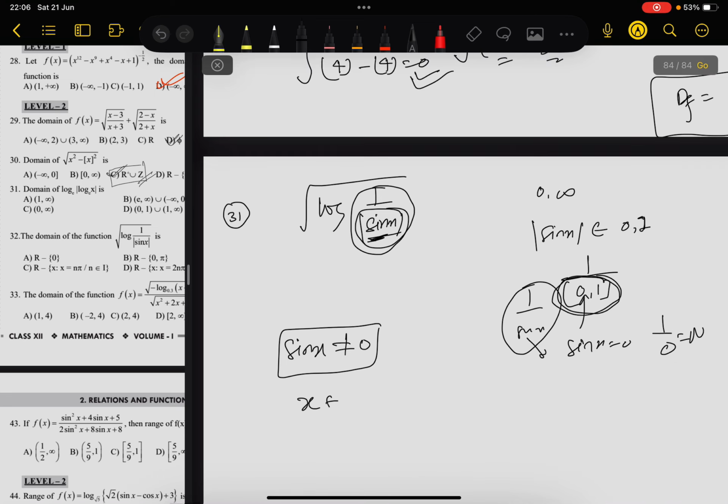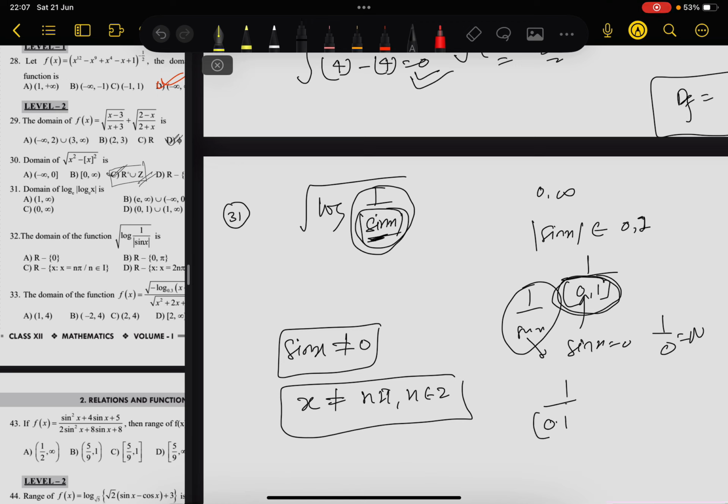So when sin x is 0, for x is not equal to n pi, where n belongs to integer. So only for these values of x, this sin x will become 0, then 1 upon 0 will be undefined, right? For the rest of the values, because it is 1 upon 0 to 1, 0 not included, we have already seen.